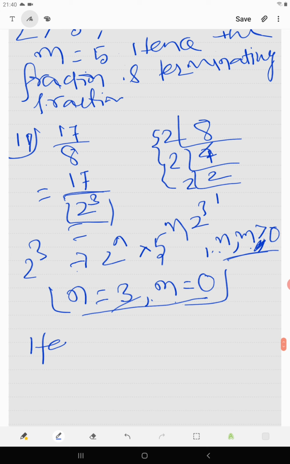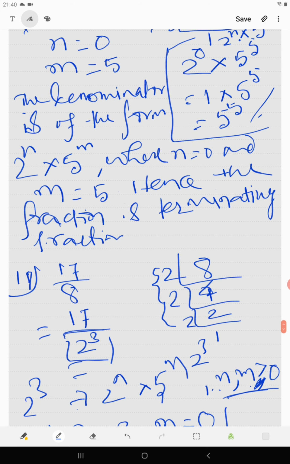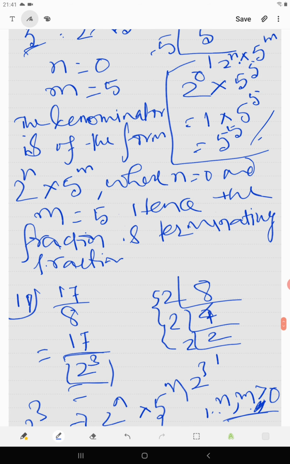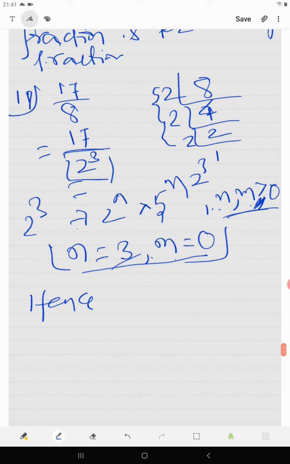Hence, write the statement as I wrote above. I am not going to write the same line again and again, but when you are doing the problem, you have to say exactly that the denominator is of the form 2 to the power n into 5 to the power m, where n equals 3 and m equals 0. Hence, it is terminating.